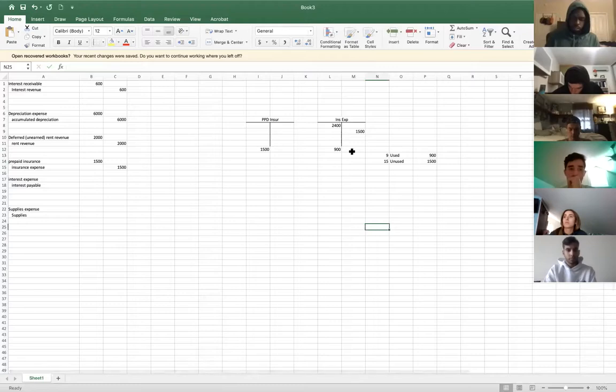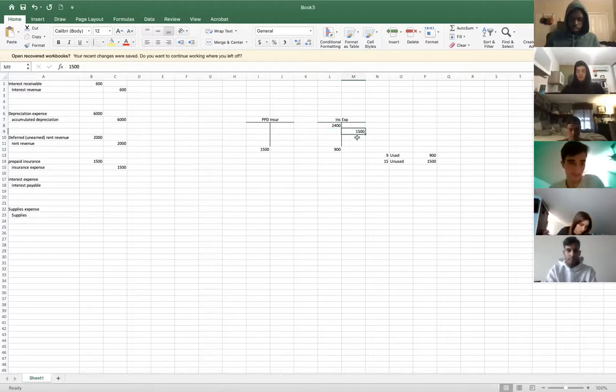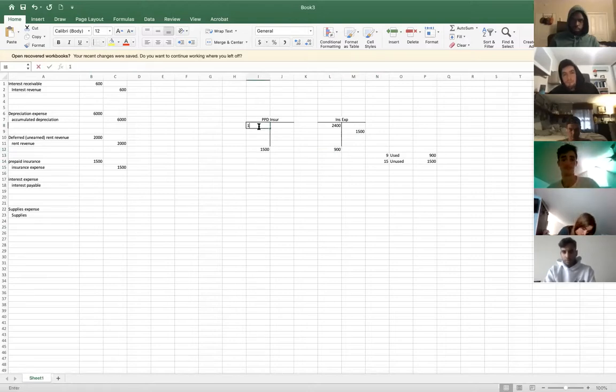So when I credit the insurance expense 1,500, I've got a $2,400 debit, a $1,500 credit, gives me a $900 adjusted balance. And am I happy now? I'm sorry, I forgot to put my debit to prepaid insurance. So now do I have the adjusted balances that I need? Okay, this is the alternative approach, which is commonly used.